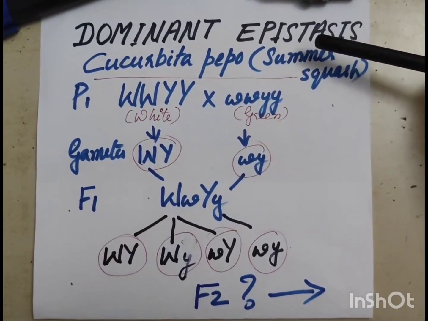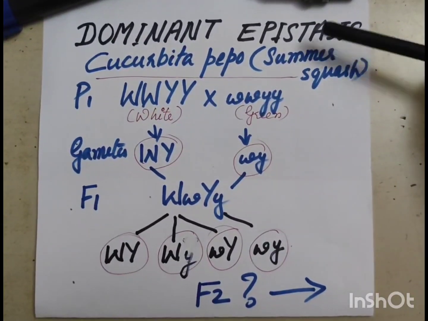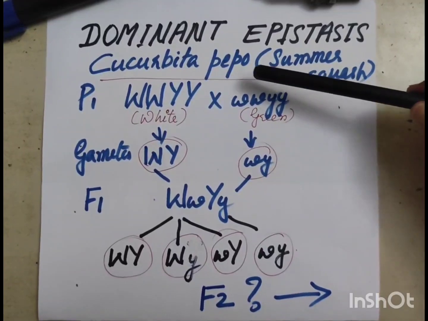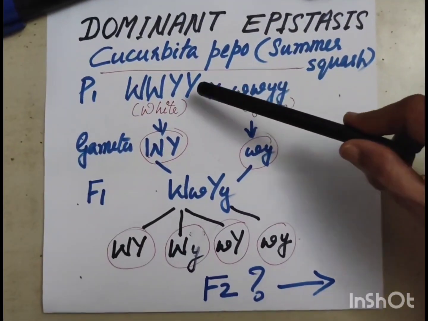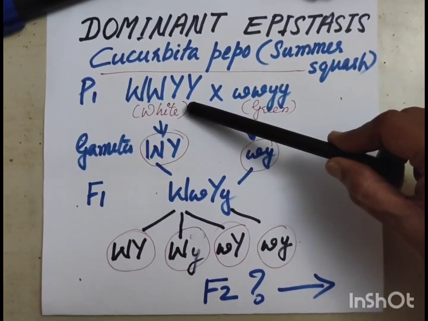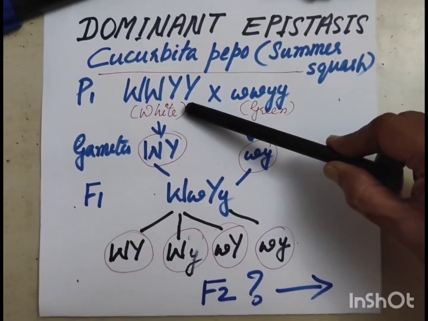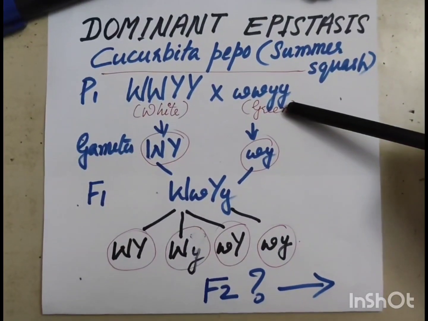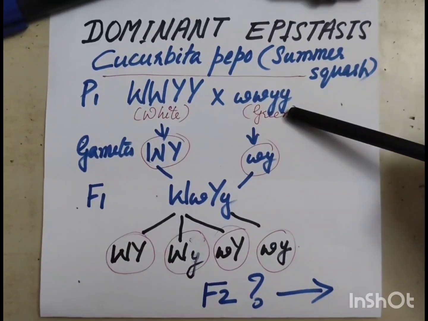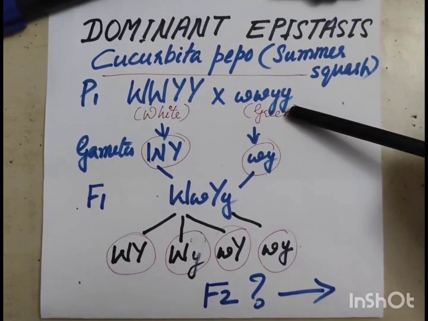So, this is regarding dominant epistasis, and we are studying with the help of Cucurbita pepo, that is summer squashes. This is the genotype of the pure white parent, capital W, capital W, capital Y, capital Y, and this is the genotype of the pure green parent, small w, small w, small y, small y.